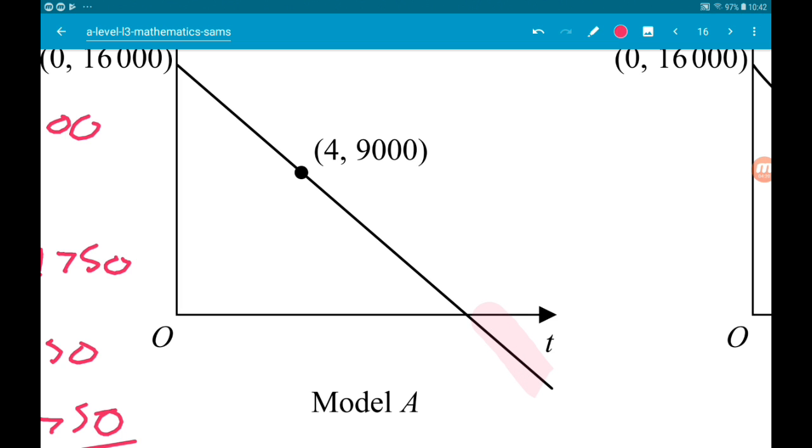So what we could say is, after a certain number of years, the model predicts negative volume of oil being extracted, which makes no sense. That would mean technically that you're putting oil back into the oil field. I think we could also mention that it predicts a constant rate of decrease, which in real life probably isn't the case.